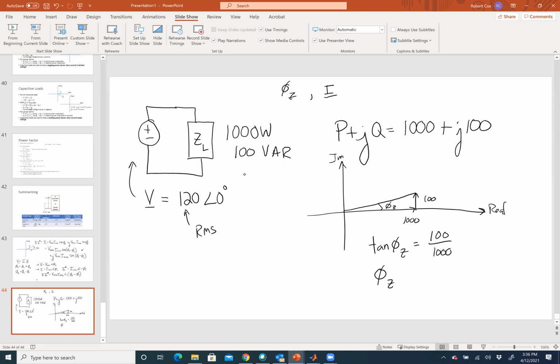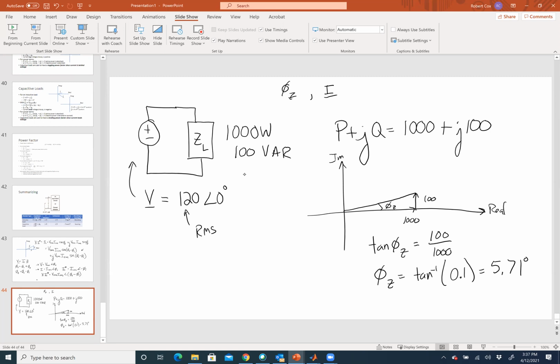So phi z would be equal to the inverse tangent of 0.1, which is about 5.71 degrees.